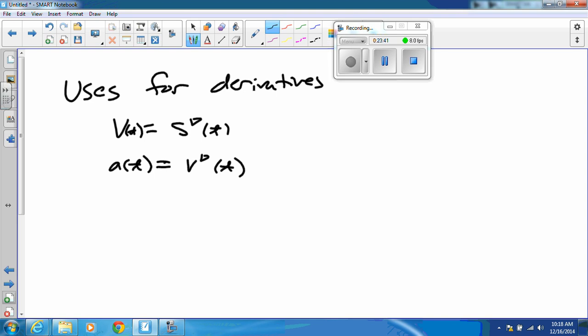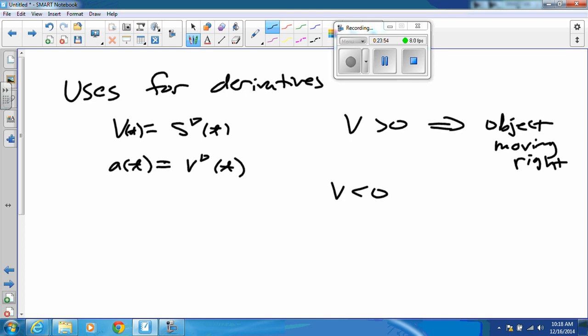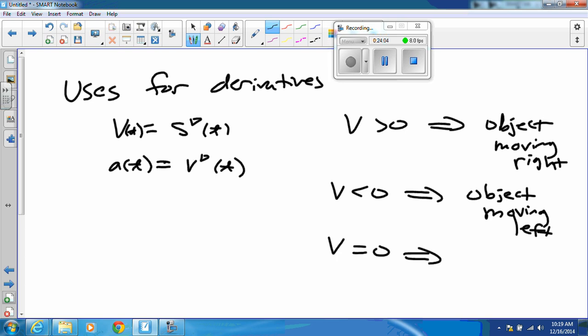If my velocity has a positive sign, what does that tell me about the object? Object is moving to the right. That's exactly it. If my velocity is negative, that means the object is moving left. And if the velocity is 0, that tells me that the object is stopped.